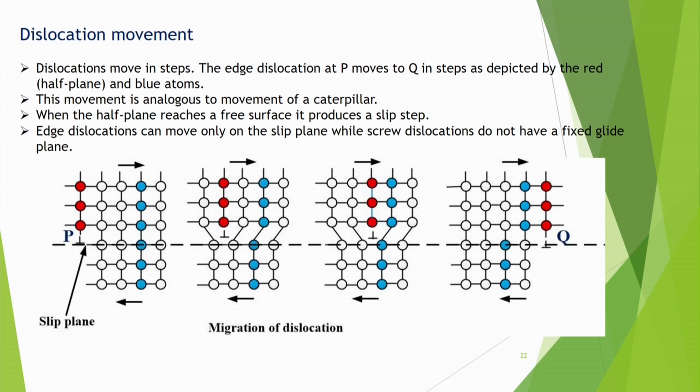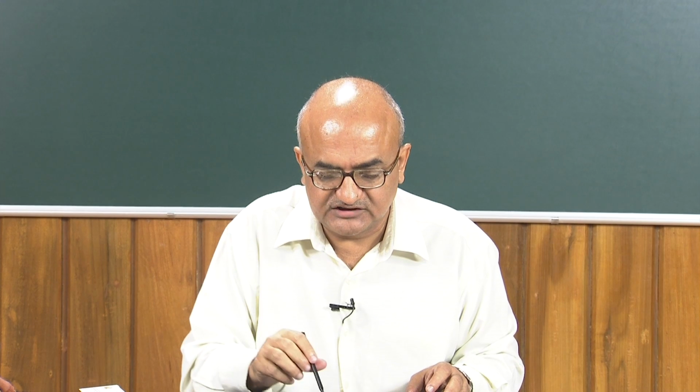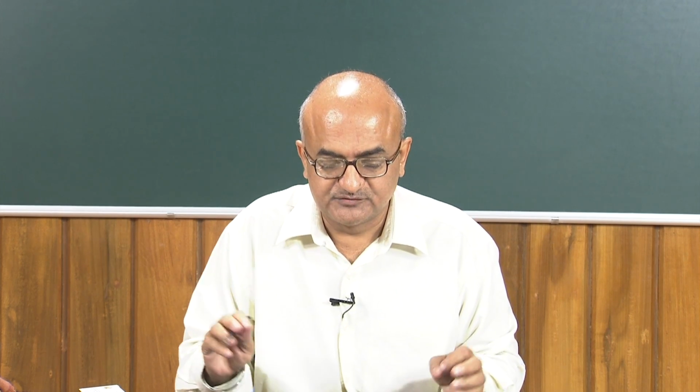In twinning you may get a situation where it twins along that side and there is some sort of twisting. Maybe like this, and this is twinning. We will not discuss the twinning phenomenon much.